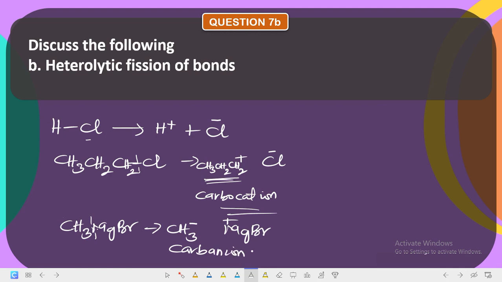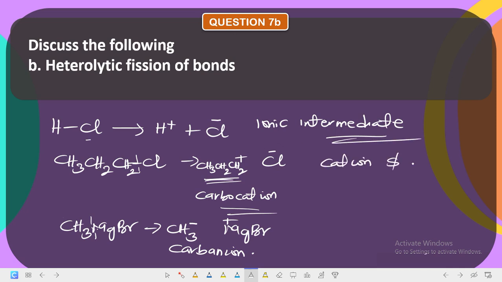So the type of bond cleavage that leads to the formation of ionic intermediates is what is called what? Heterolytic fission. It leads to the formation of cations and what? Anions, which are called ionic intermediates. If the cation contains carbon, you call it a carbocation, while if it contains a negative charge on carbon, you call it what? Carbanion. So that is for that.